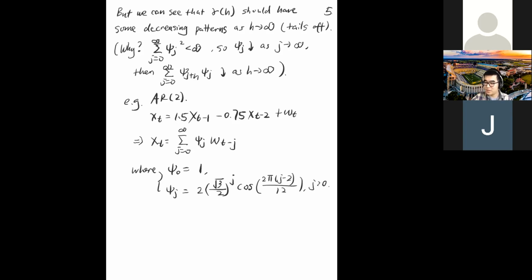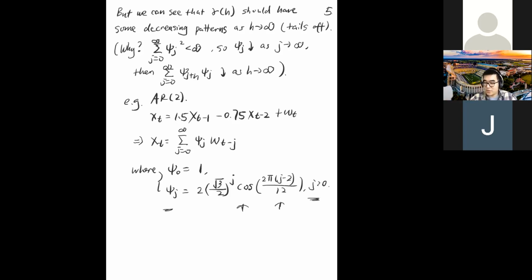So this psi_j is basically this cosine function, and the period of this cosine function is 12. That's why people sometimes say it will be a sine or cosine, because in some cases, especially for this AR(2) process, it has these cosine waves.